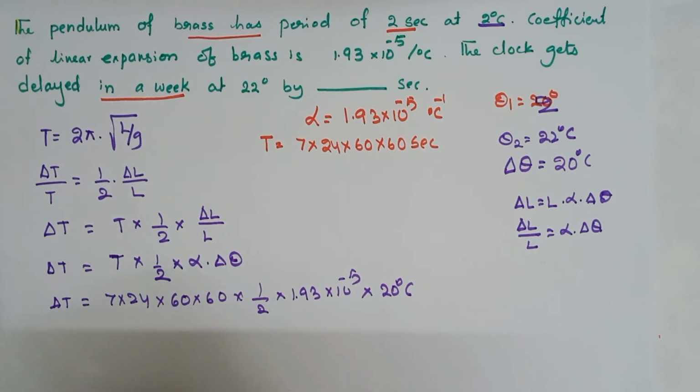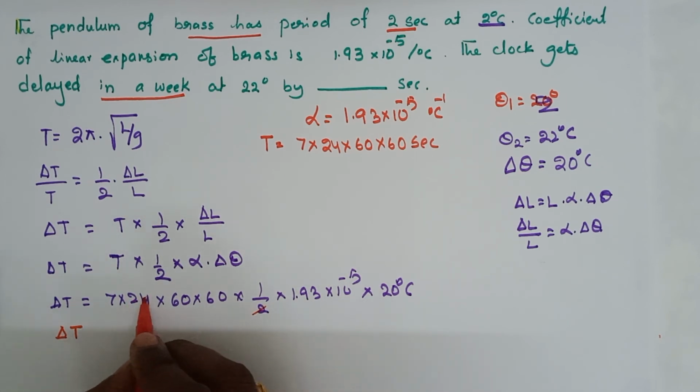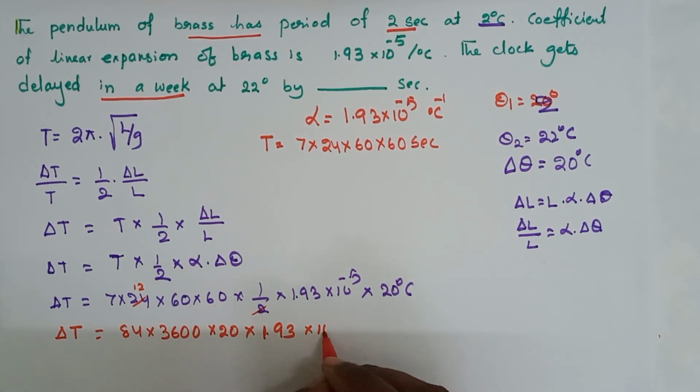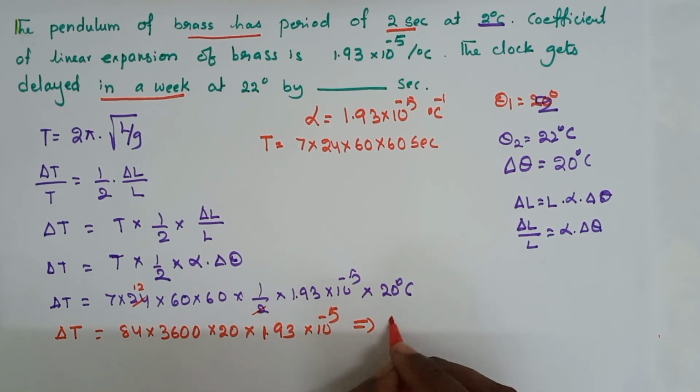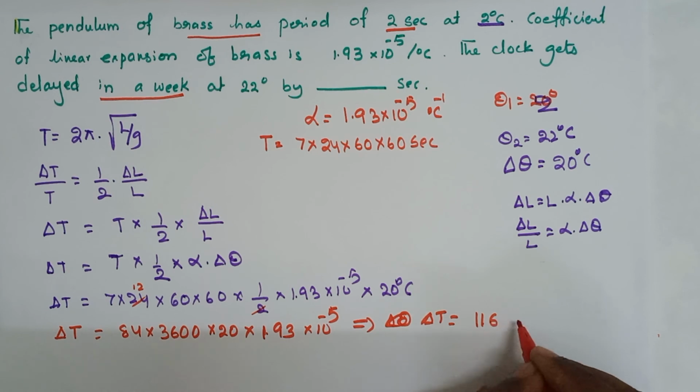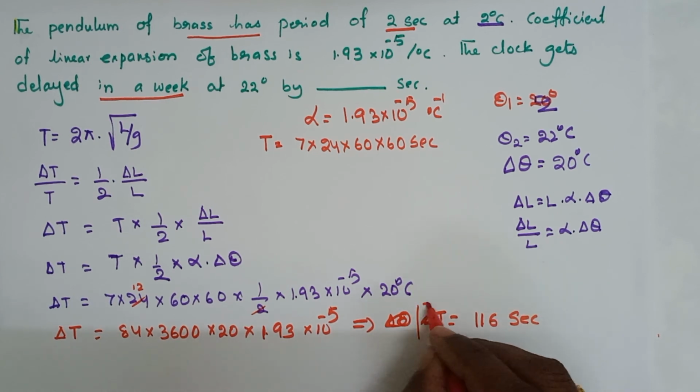Now the calculation. What is the final answer that you can get? Delta T will be 7 into 24 into 3600 into 20 into 1.93 into 10 power minus 5, divided by 2. After doing all the calculations, you will get approximately 116 seconds.